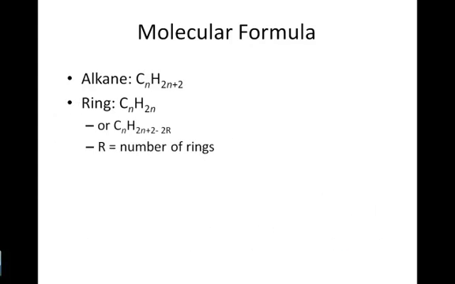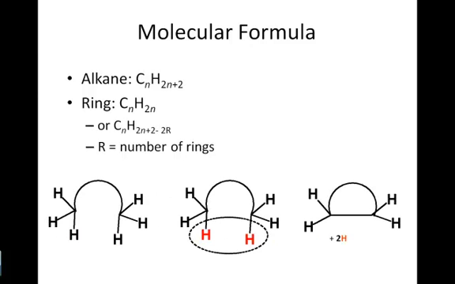Remember that CnH2n is the same general formula for a cycloalkane. Or in other words, you could say CnH2n+2-2r, where r is the number of rings. Because remember, every time you go from an acyclic hydrocarbon to a cyclic hydrocarbon, you have to form a bond between two carbons to close that ring, and every time you do that, you also lose two hydrogens.